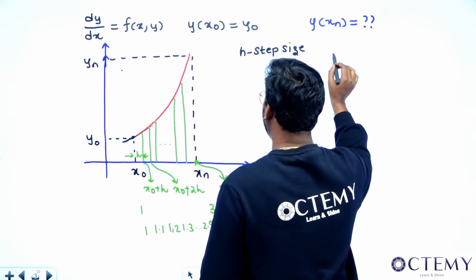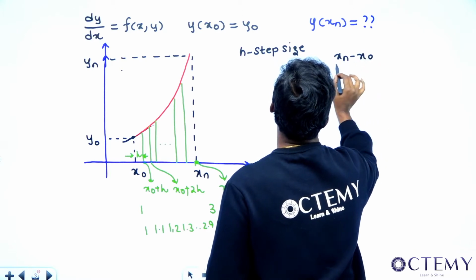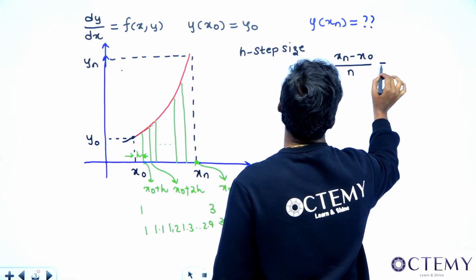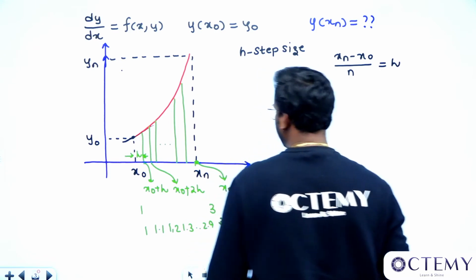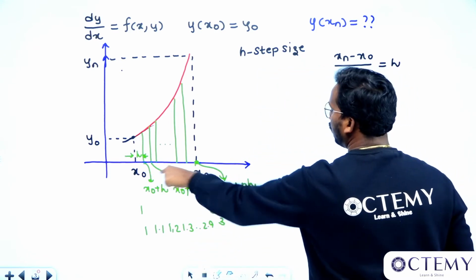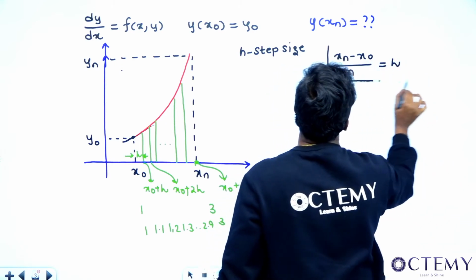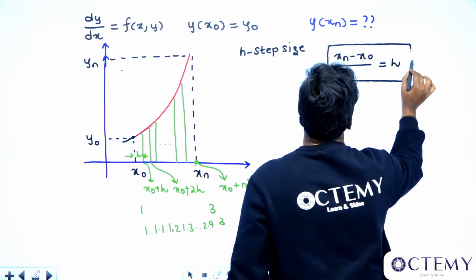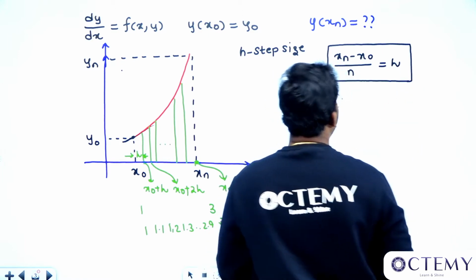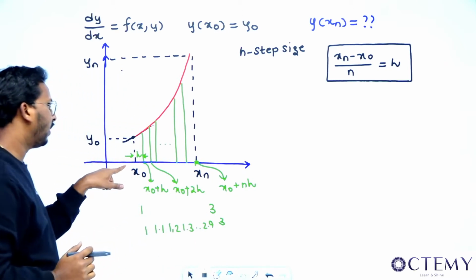So, sir, can I write (xn minus x naught) divided by n is equal to h? Because this is x naught plus nh and this is x naught, I'll get this h. So, based on how many intervals you want to make, you will get your value of h, right?